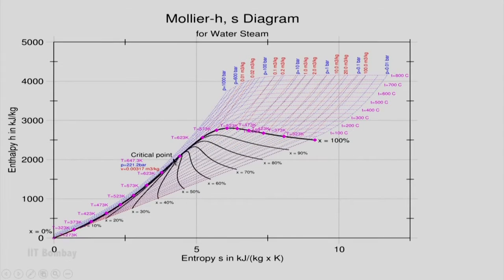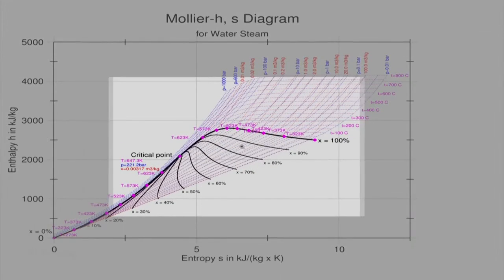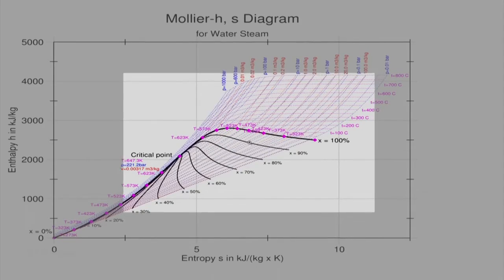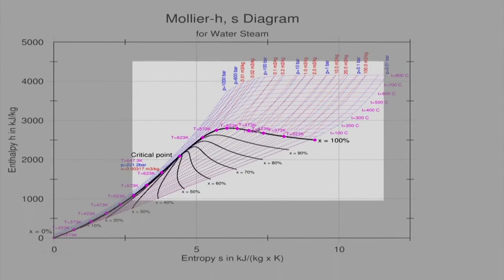Also, what you see are the temperatures, which are given in Kelvin over here, and also in degree centigrade over here. Then we have the specific volumes, meter cube per kg, shown in these red letters. So, from here I can get a lot of information for any state. Just to demonstrate, for example, take 1 bar.